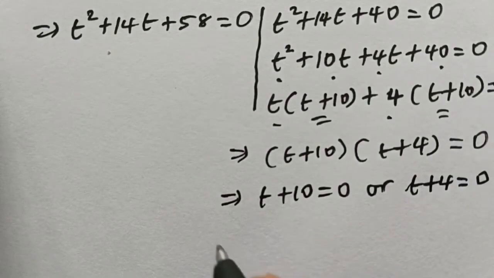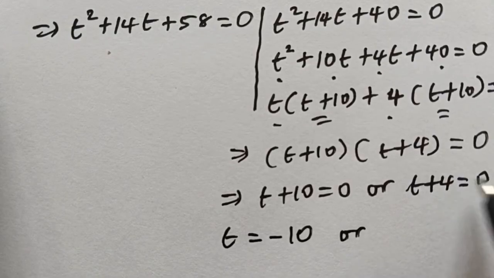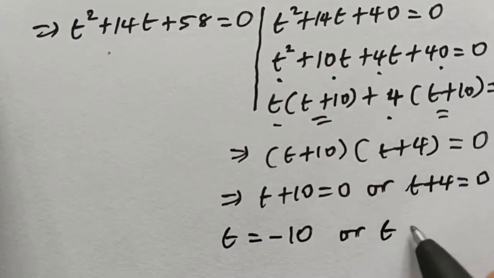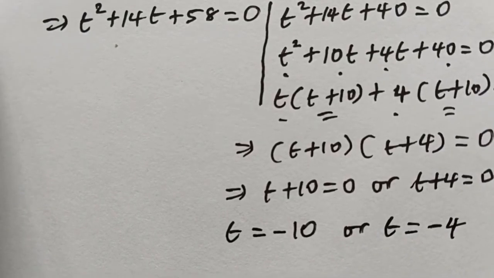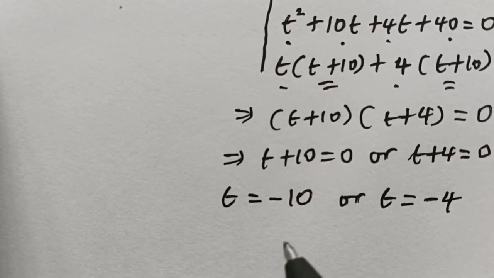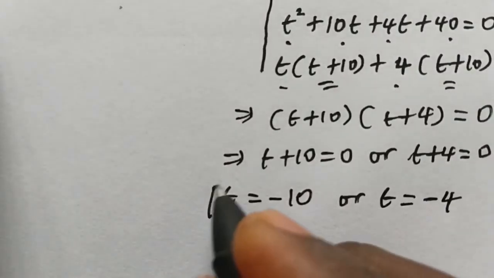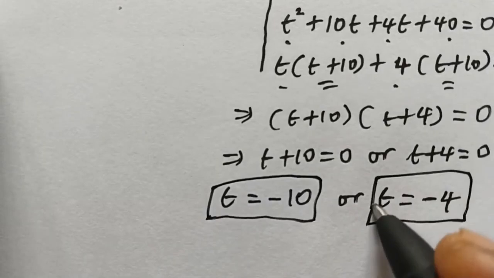From this, it is obvious t equals -10, or t equals -4. This is the real solution: t = -10 and t = -4.